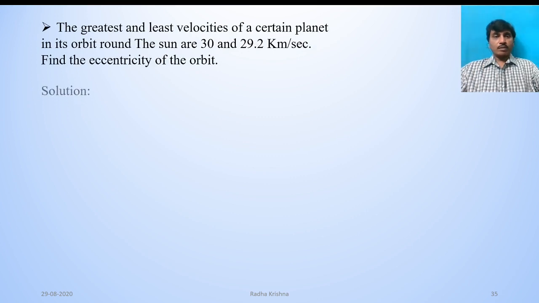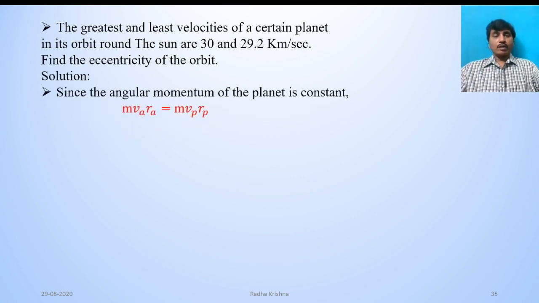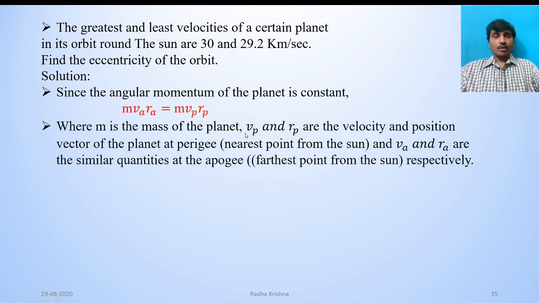Now the next problem is: the greatest and least velocities of a certain planet in its orbit around the Sun are 30 and 29.2 kilometers per second. Find the eccentricity of the orbit. Since the angular momentum of the planet is constant, M Va Ra is equal to M Vp Rp, where M is the mass of the planet, and Vp and Rp are the velocity and position of the planet at perigee.